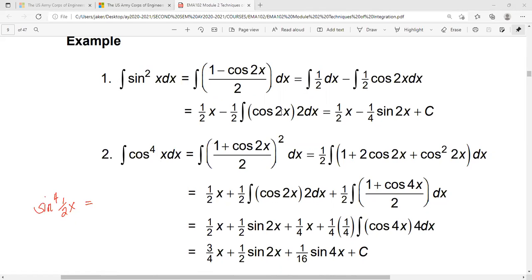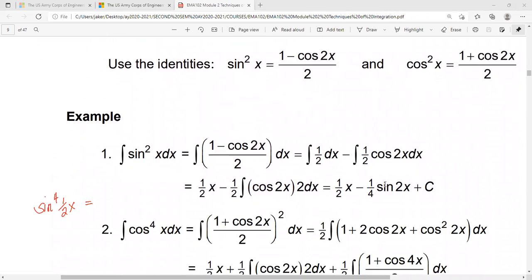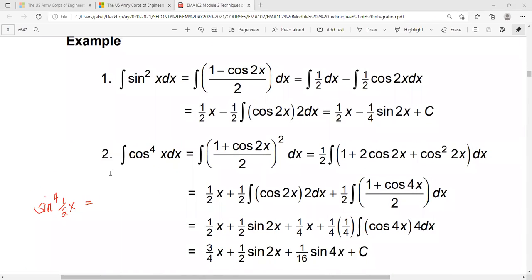Because if it will be similar to the example, then I haven't taught you the principle of application. I have simply taught you how to memorize. So that's the reason why I'm asking. So now I go back to my question. If this is called the double angle cosine equivalent of the sine squared of x and the cosine squared of x, how will you then transform the sine of 1/2 x raised to 4?